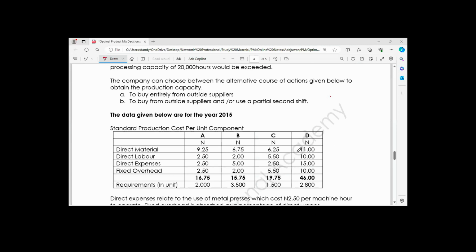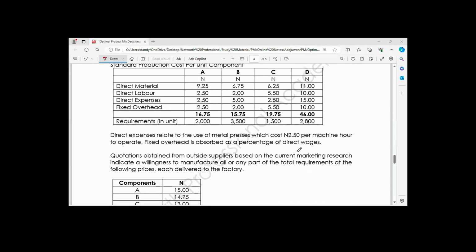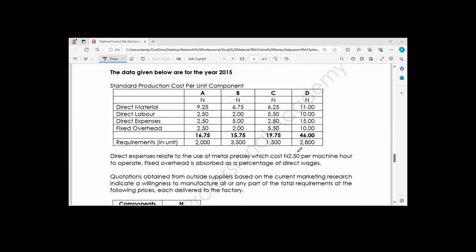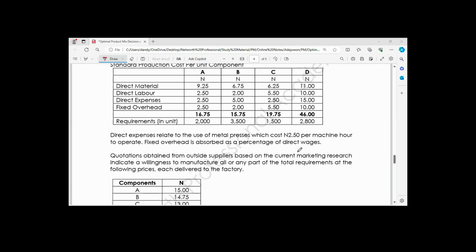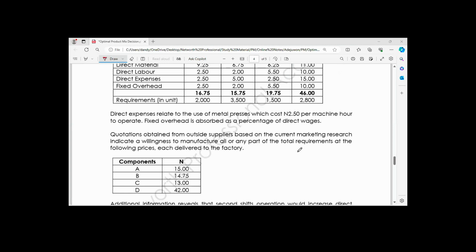Direct material for A, B, C, D, 9.25, 6.75. Direct expenses relate to the use of metal presses, which costs 250 kobo per machine hour to operate. Fixed overhead is absorbed as a percentage of direct wages.